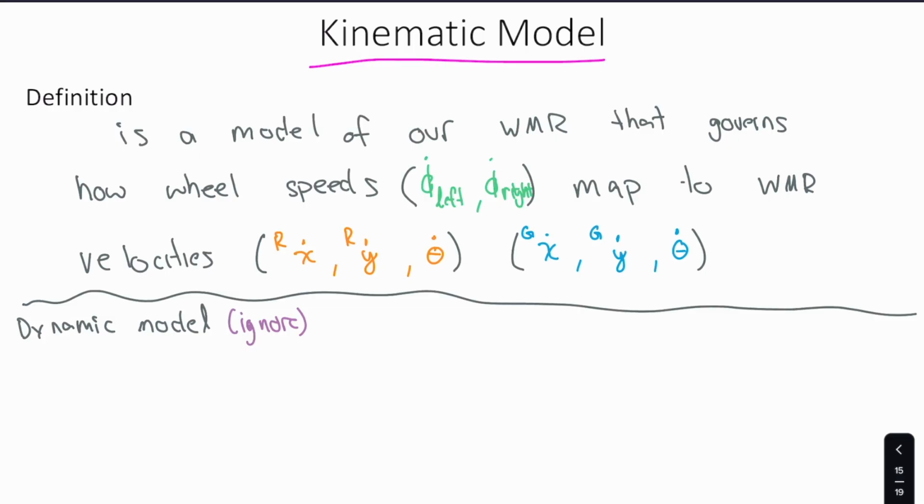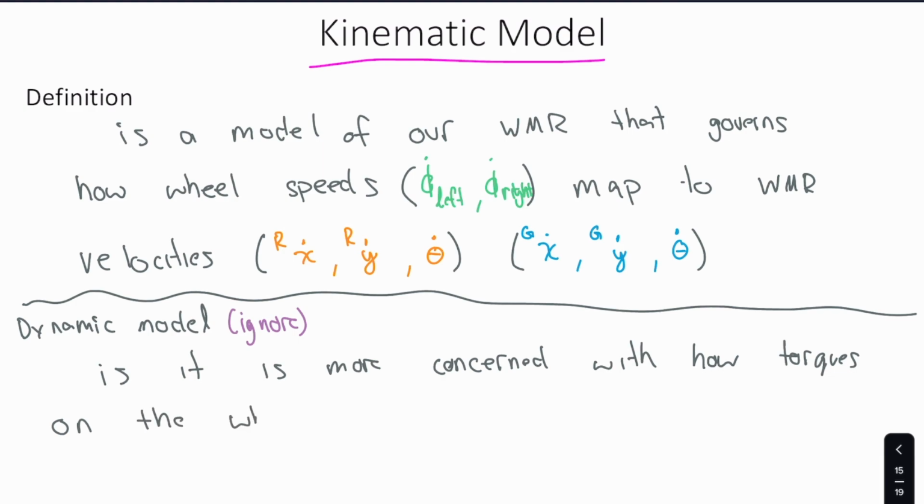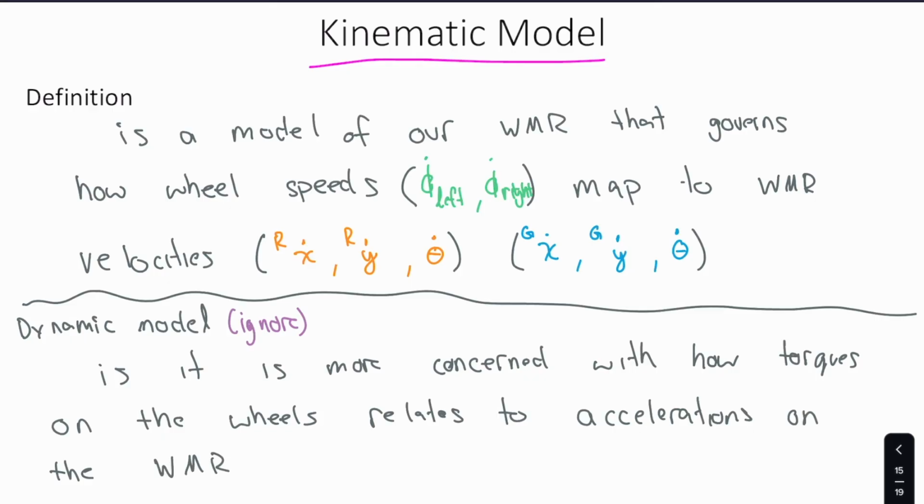The big difference for a dynamic model is that it will be more concerned with torques and accelerations instead of being concerned with velocities and speeds, which in this case is probably better put as velocity here as well, since we're talking about a signed value.